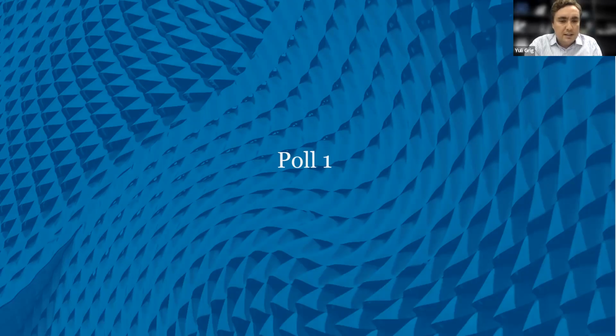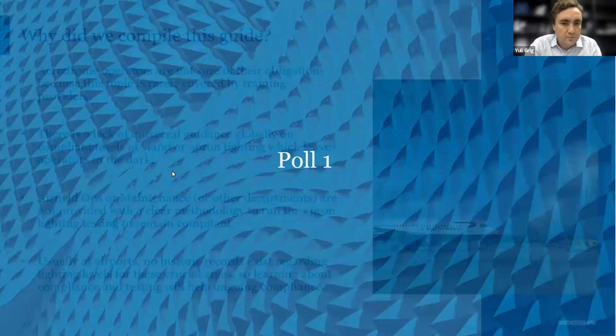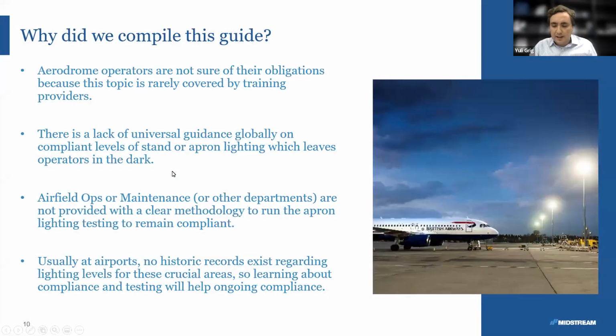Good. Okay, so let's carry on with the presentation. So why did we compile this guide? Well, very briefly, we did this because the airport operators that we have been talking to over the years have not always been sure of what their obligations are. And it's not a topic that's often covered by training providers. You can go on courses for AGL, and that's well serviced.